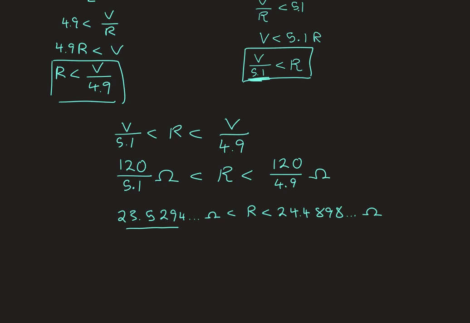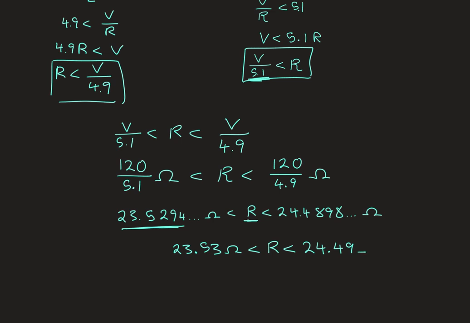So we want to make sure we're not ever rounding down here. We want to make how much R can vary more strict. That way we can meet the current of 5 amperes more accurately. So what we're going to do is round up on this left-hand side, 23.53, 24.49.